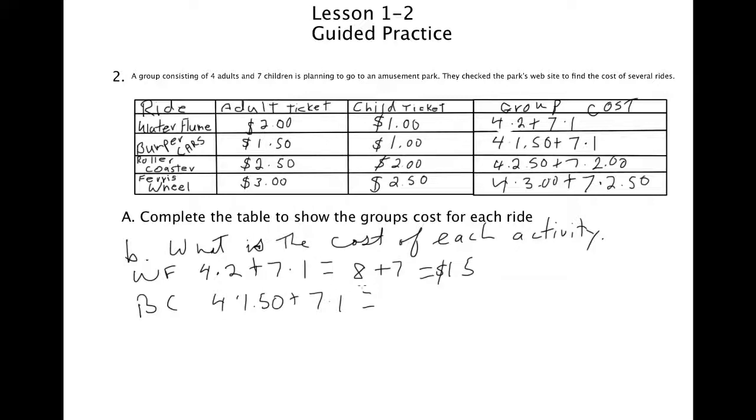So that's going to give us, let's see, 6 plus 7 equals 13.